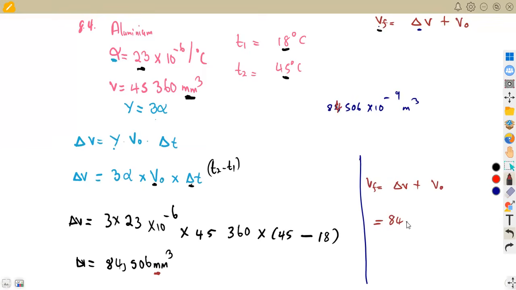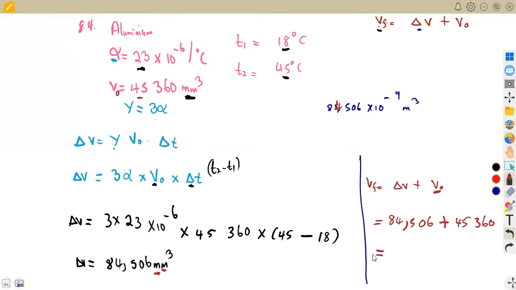So this is going to be 84,506, which is in cubic millimeters. So we also add the original volume in cubic millimeters. This is our original volume of 45,360.